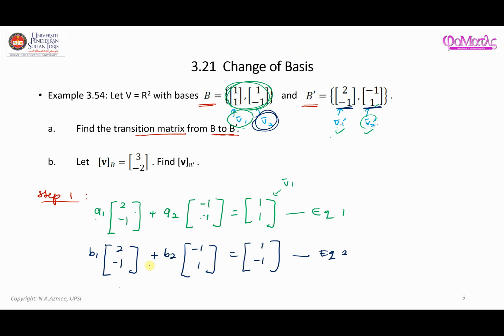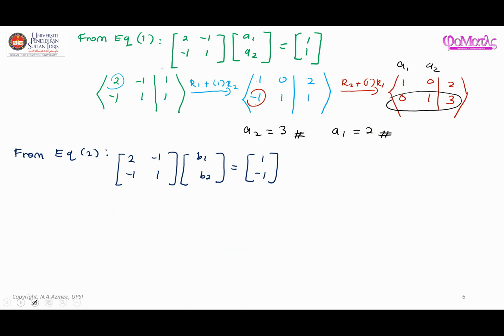This is the matrix times b1 and b2, okay? And how do we solve for b1 and b2? Well, you can consider the augmented matrix.